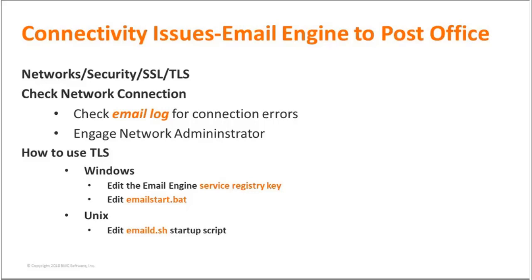Another possibility is that the port you specified for the incoming or outgoing mailbox is blocked somewhere on the network. Consider engaging your network admins and your mail server admins to check for traffic on the network and the calls and connections to the mail server from the email engine. They're a good resource to utilize in times of troubleshooting.